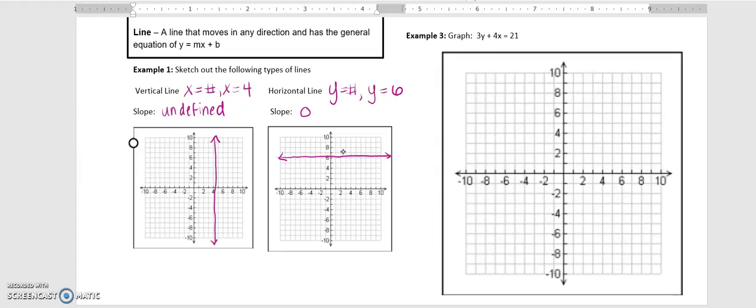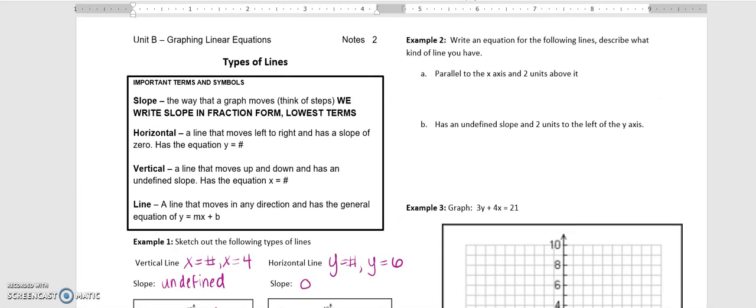Okay? In example number 2, they're asking us to describe equations of lines based on information that they give us. So in number 2, the very first question says, describe a line or write an equation for a line that's parallel to the x-axis and is 2 units above it. Well, if I think about the x-axis, it goes left to right.